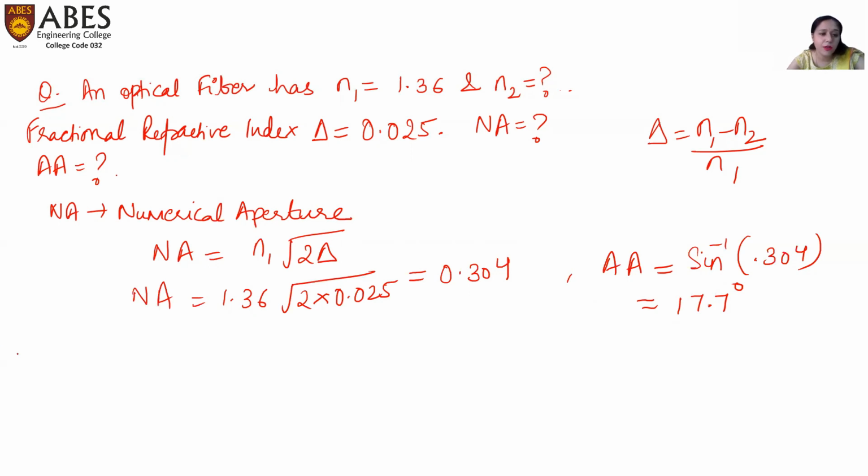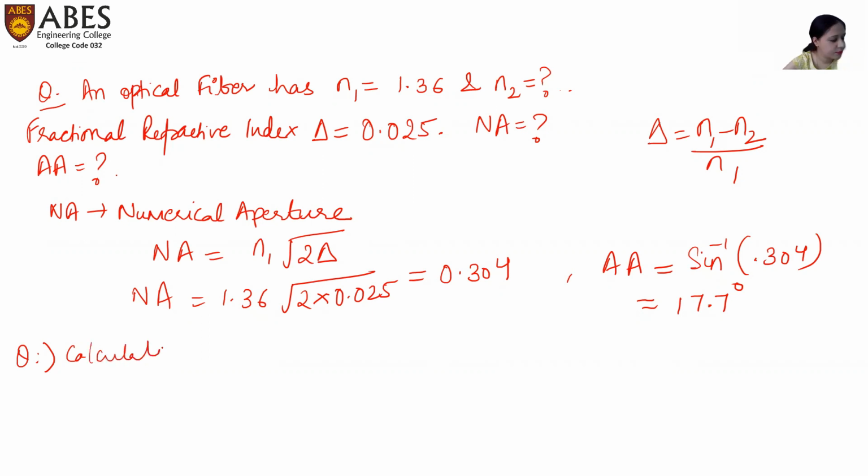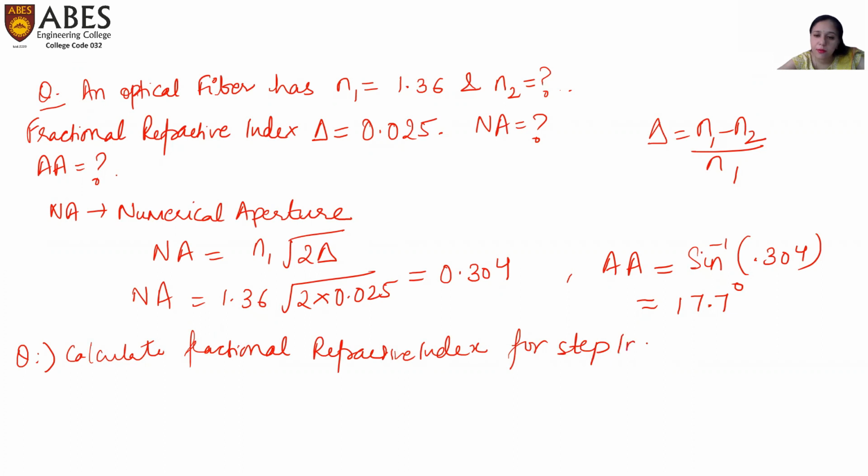Coming to the next question. Calculate the fractional refractive index for a step index optical fiber having core and cladding refractive indices as 1.55 and 1.50 respectively.